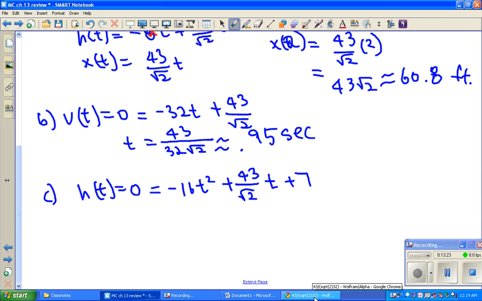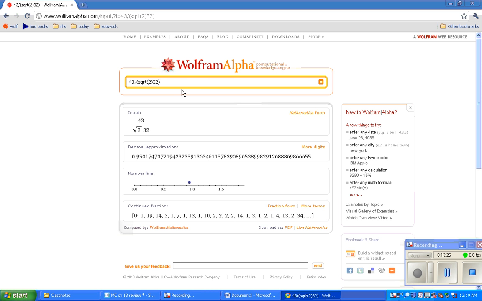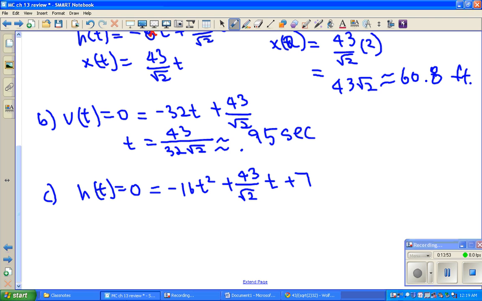So I'm going to go back to Wolfram and find out what that value would have been here. So negative 16 t squared plus 43 divided by square root of 2 times t plus 7. I believe that was the equation. Let me just check it one more time. Yes. So we are setting it equal to 0.